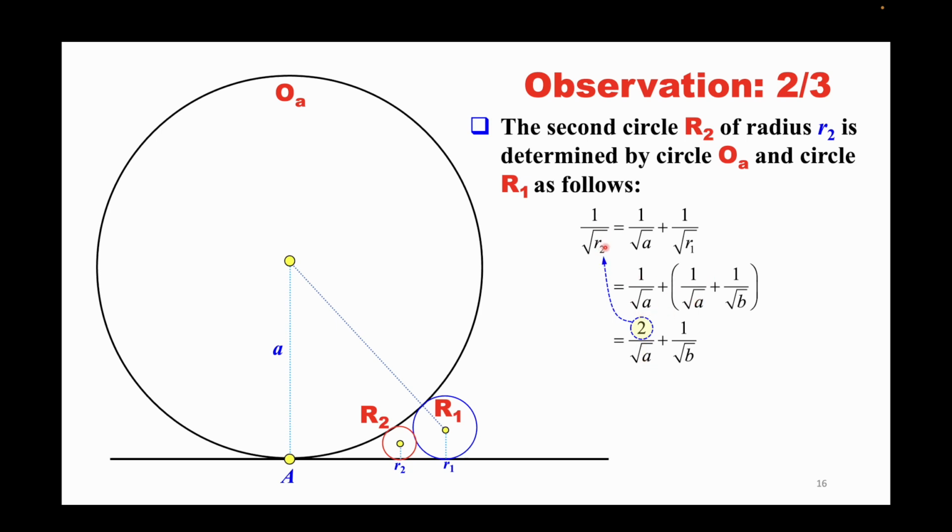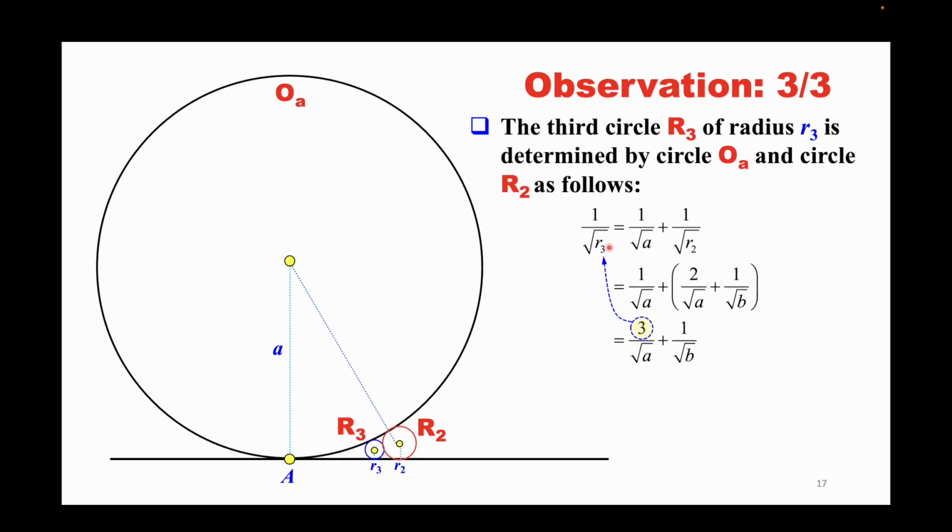So the radius R2 has a relationship with A and B like this. Notice the 2 here. This 2 agrees with the subscript of R2. This is not a coincidence. If you don't believe it, let's do one more.